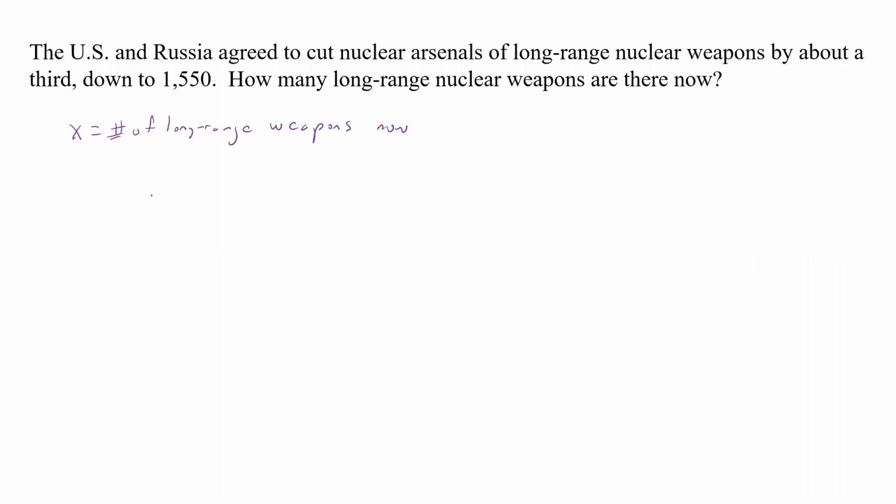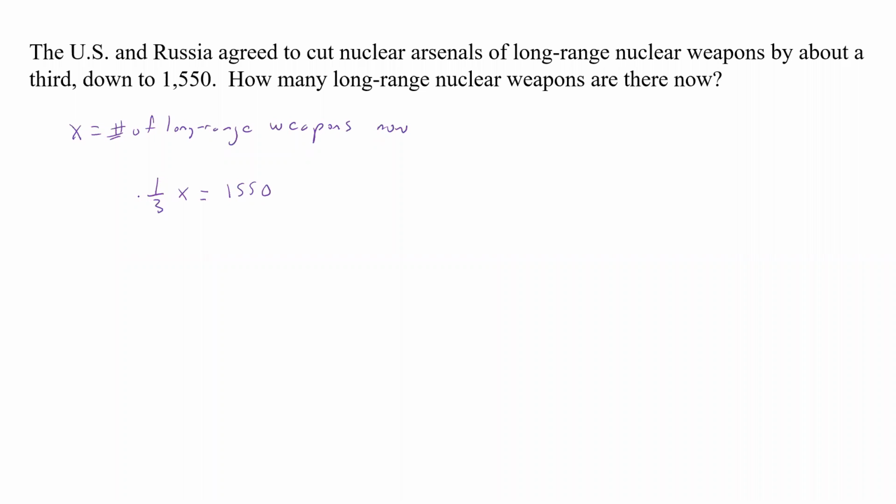And so if we take 1/3 of that, what we're going to get is 1,550, because a third of the total number is going to give us the current number of what they say we're going down to, 1,550.